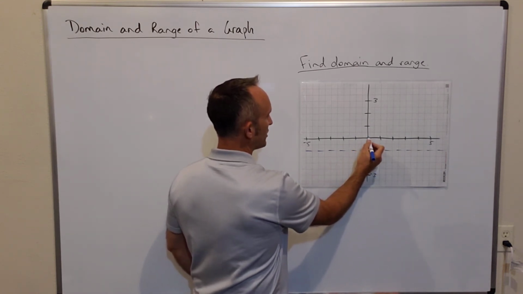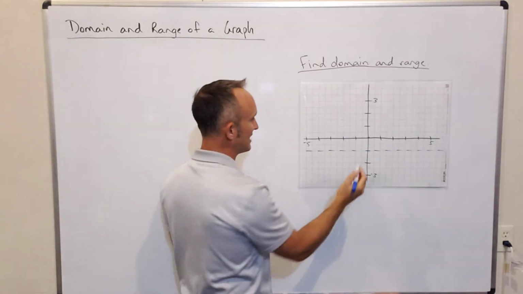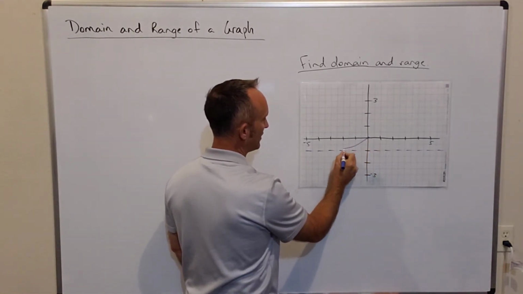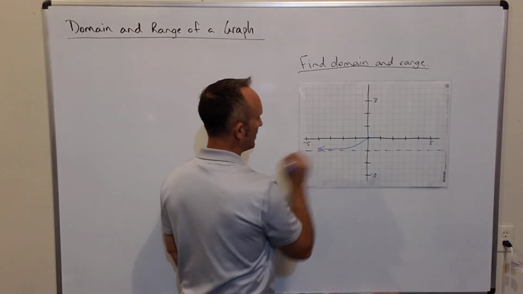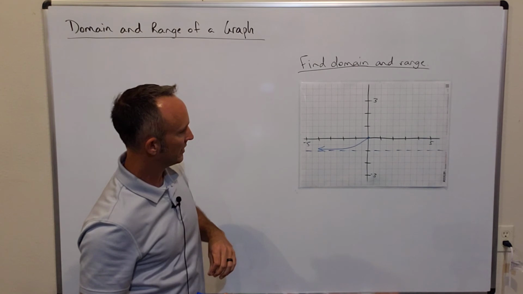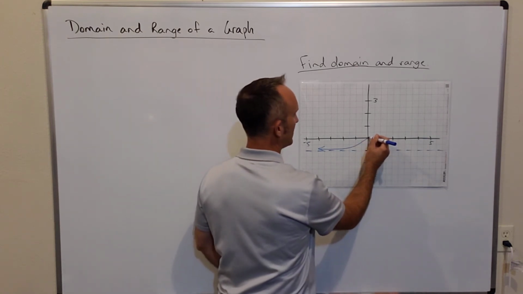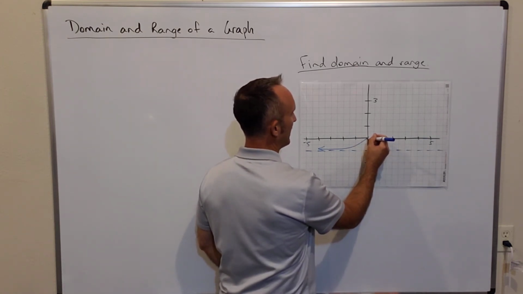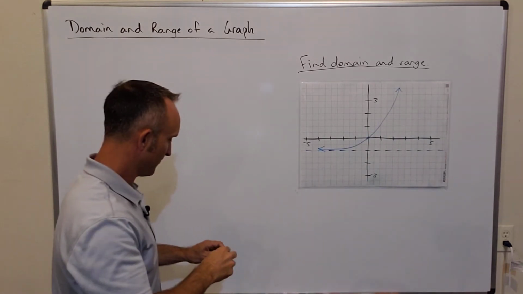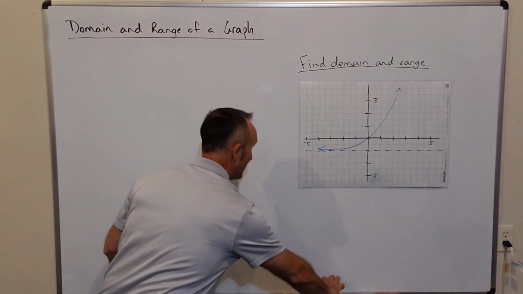But as we go to the left, you don't have to be terribly precise here if you're taking notes. You drop and you get infinitely close to this asymptote. Okay, so we have to indicate an asymptote if there's this boundary that we're getting infinitely close to. And as we go to the right, you're just going to keep following that behavior. You're going to go up like this with an arrow terminating on the end. Okay, so that's our function.